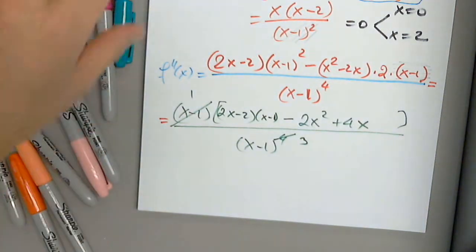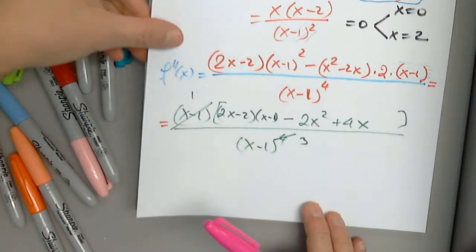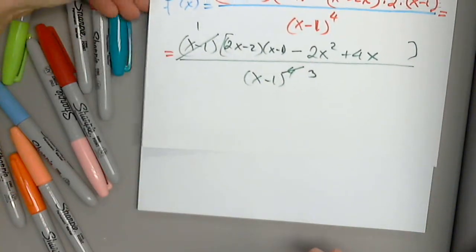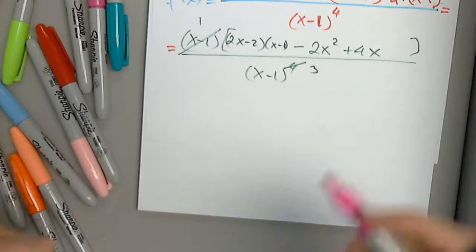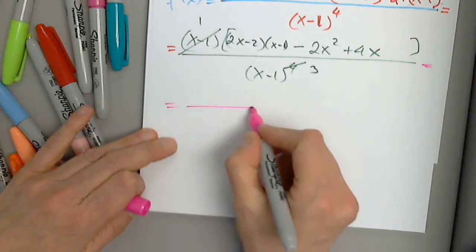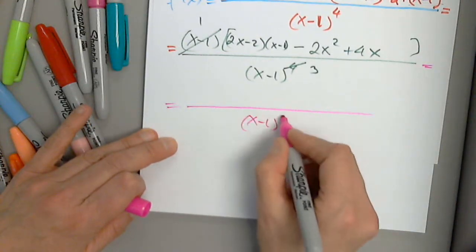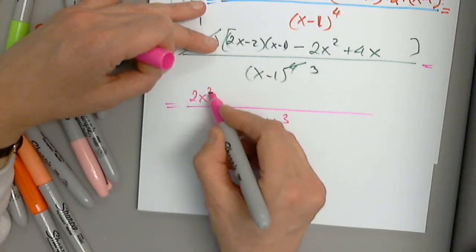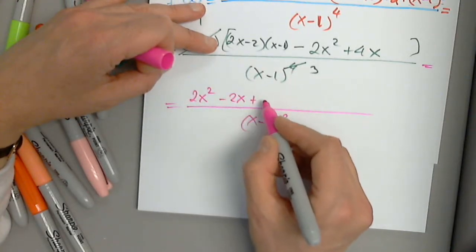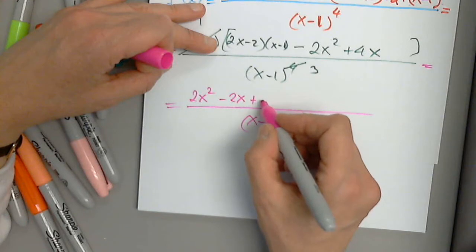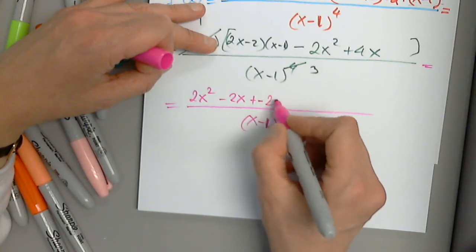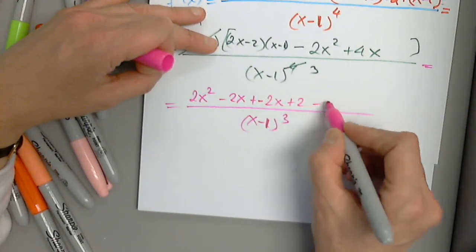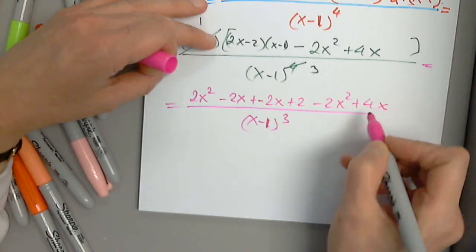Ready? Ready to continue? Yes? Can you keep up, everyone? Okay. Stop me if you have questions, please. X minus 1 to the third in the denominator. Okay. So 2x squared minus 2x plus 2 minus 2x squared plus 4x.